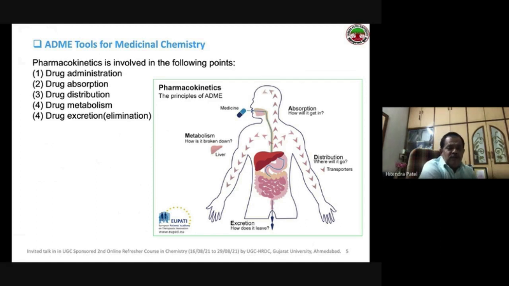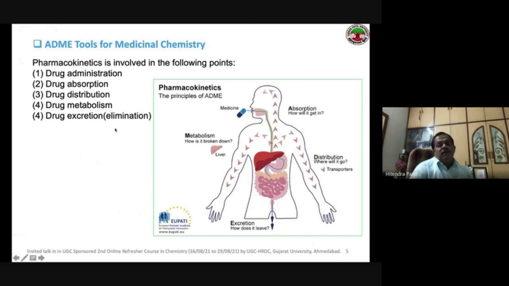With which route we have to use the drug molecule, either in capsule form, tablet form, liquid syrup, or maybe through injection. I will discuss the routes of drug administration briefly, and after that I will discuss drug absorption, drug distribution, drug metabolism and drug excretion.